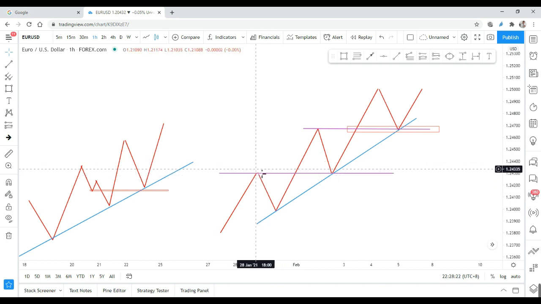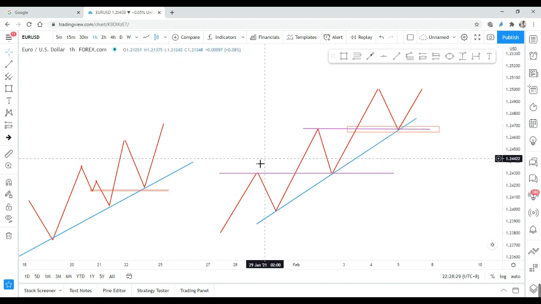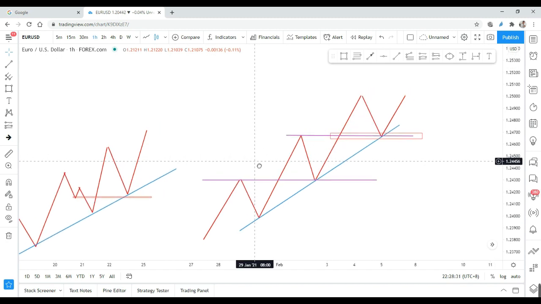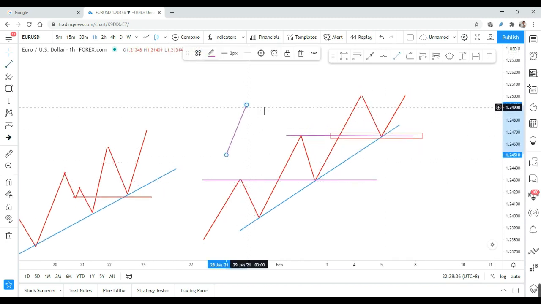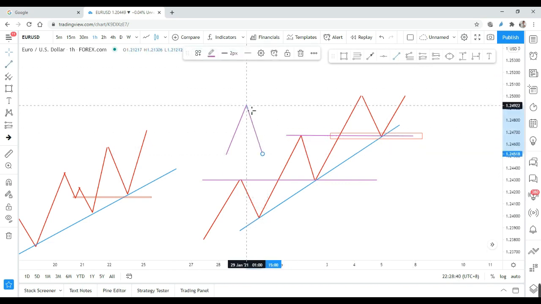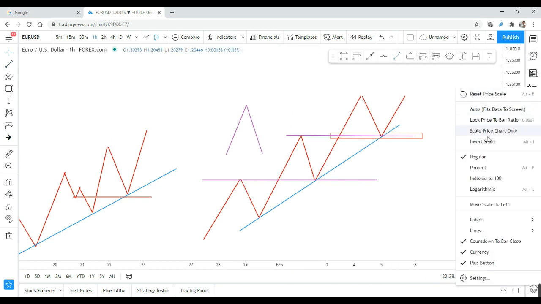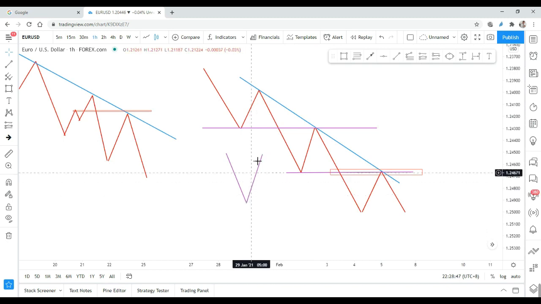Another tip is that when you switch from the candlestick chart to the line chart, you will see that at this area it will form a very, very nice sharp A. If it's on the sell, at this area, it will form a very, very sharp B. Make sure it's very, very sharp.